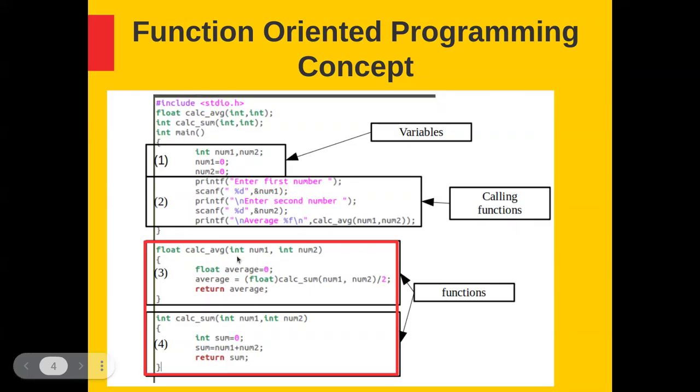Now, plot average. Here again, it is calling another function, calc sum. Calc sum is the other function. These variables are sent to this function, and then it returns the sum, and this is divided by 2, then returns the average. So that is the function-oriented programming concept.